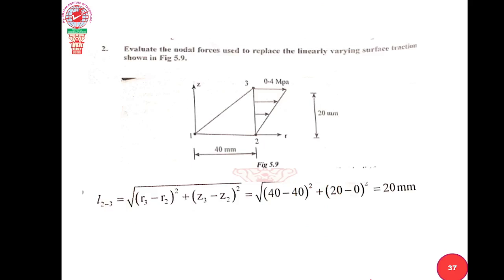Evaluate the nodal forces used to replace the linearly varying surface traction, not tension. Take that figure.